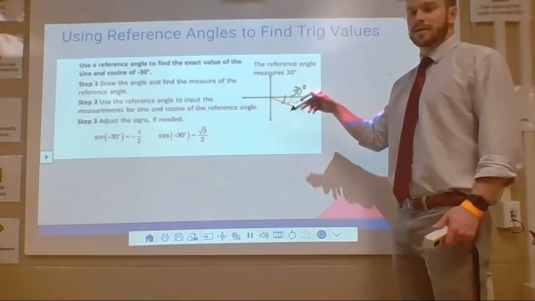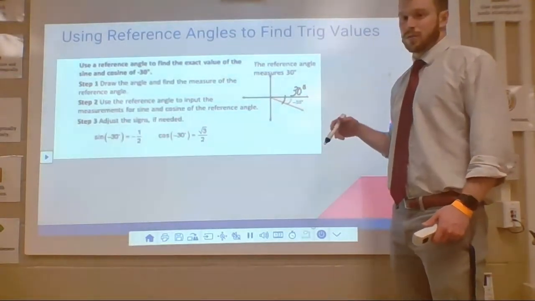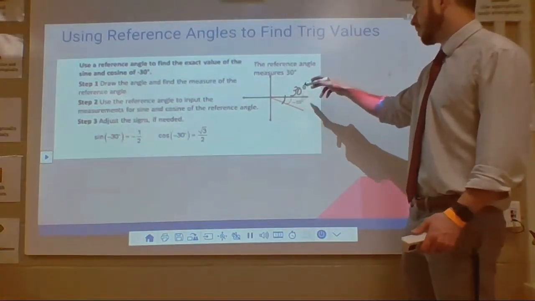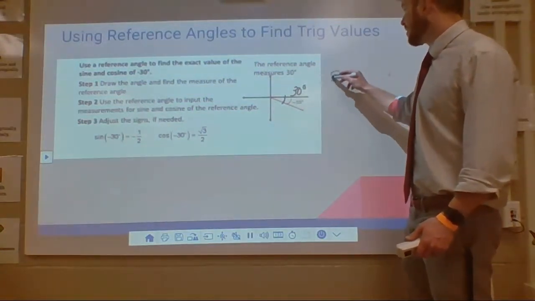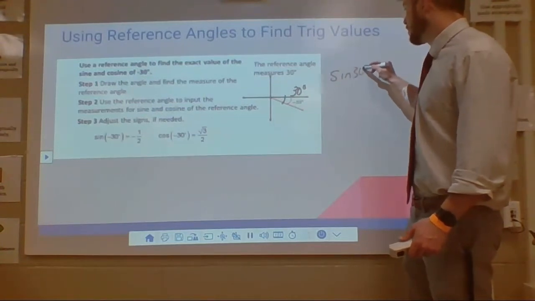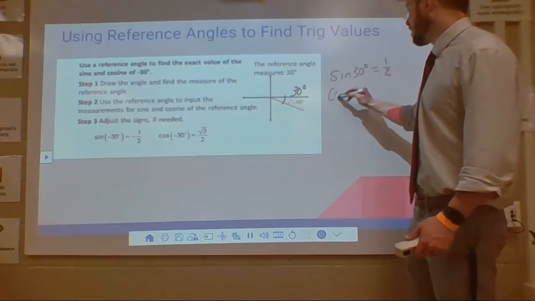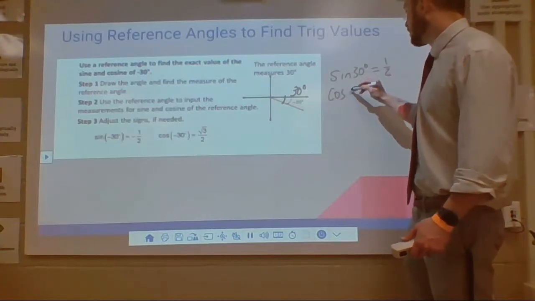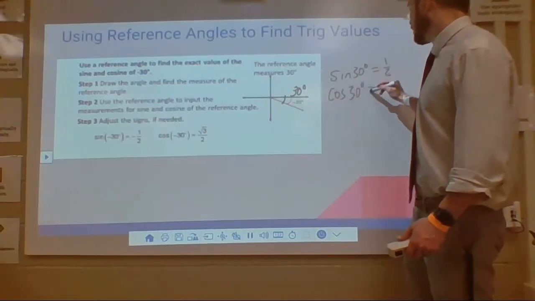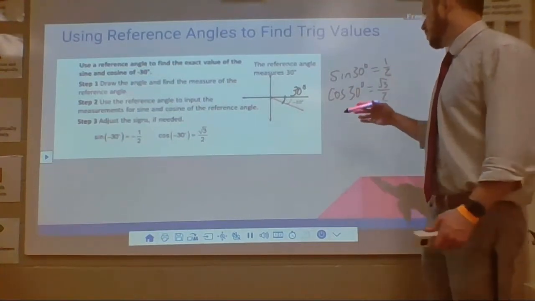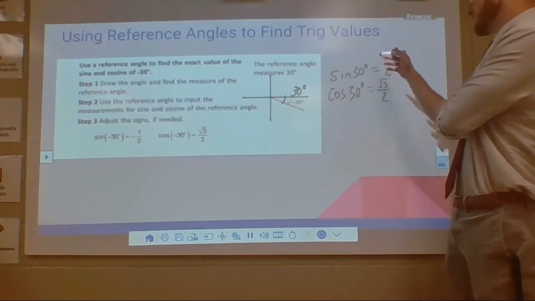Next, we're going to use that reference angle, the sine and cosine values of 30 degrees. The sine of 30 degrees is 1/2. The cosine of 30 degrees is square root of 3 over 2. And remember the sine value is the y value.